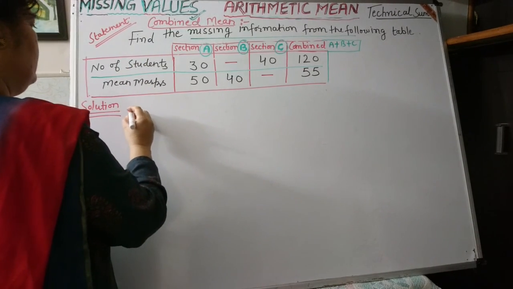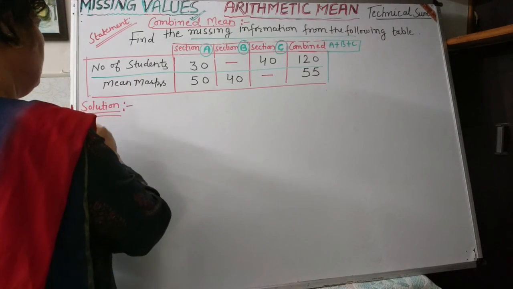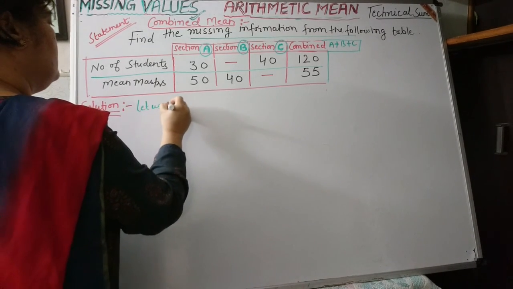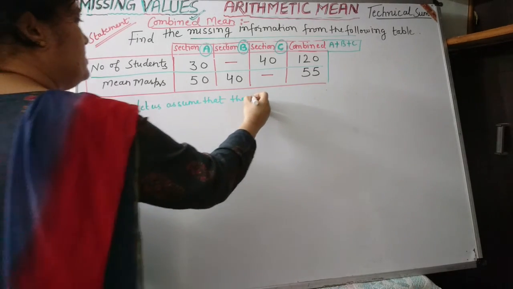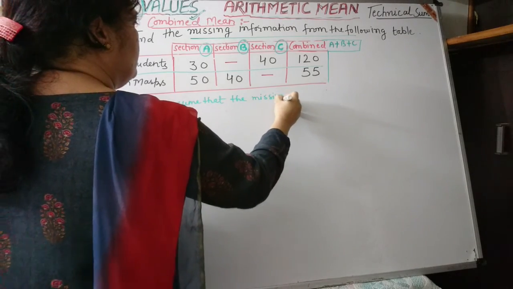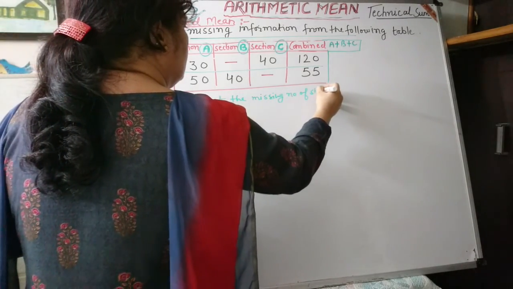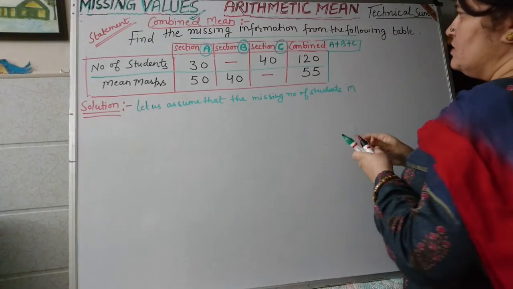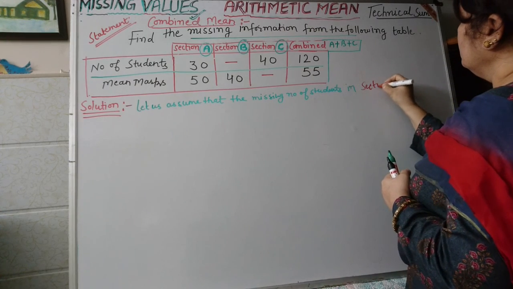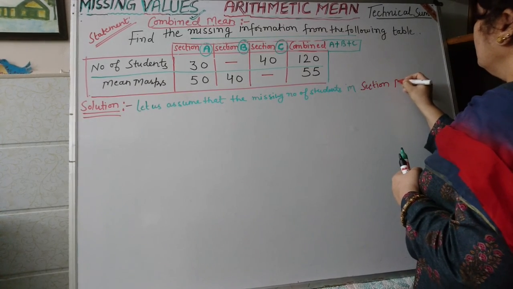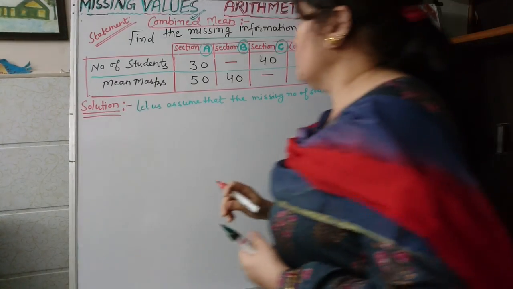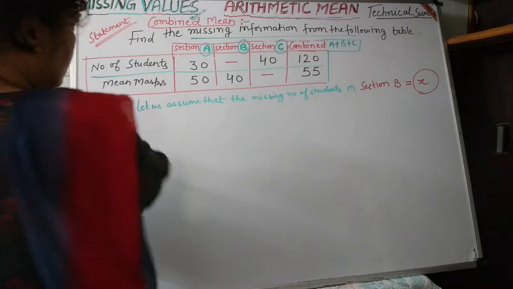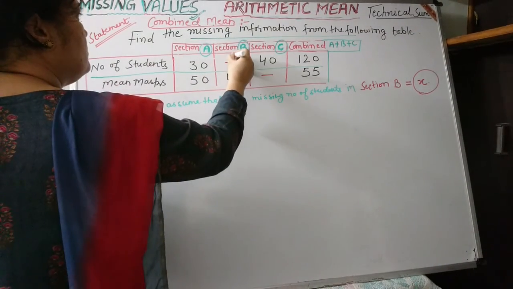So let us assume that the missing number of students in section B will be equivalent to x. We are putting small x against it.